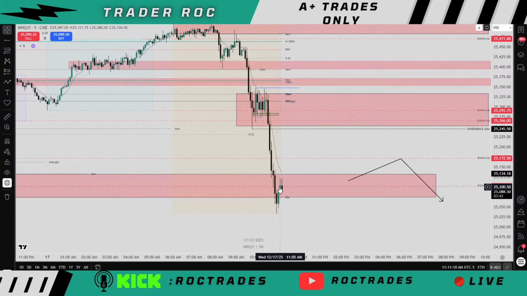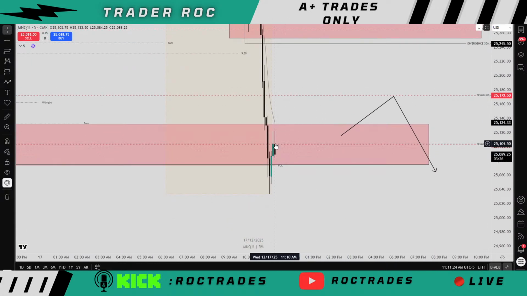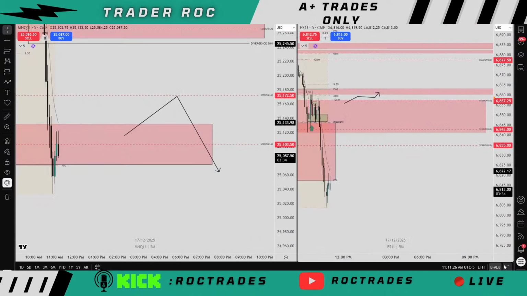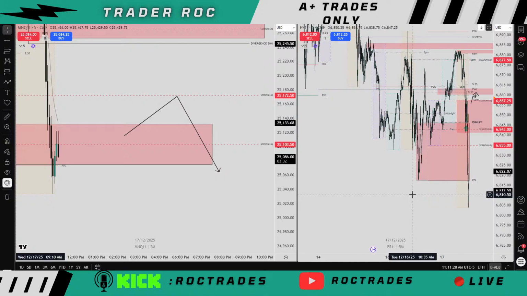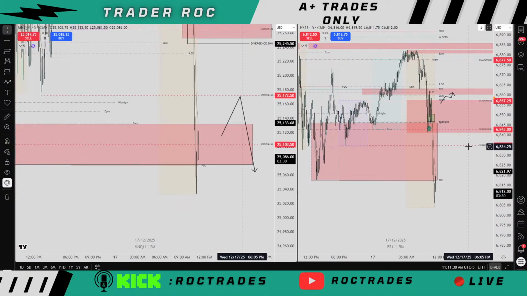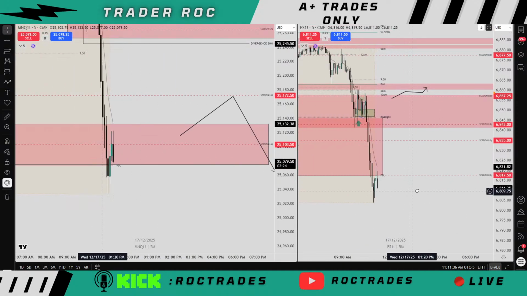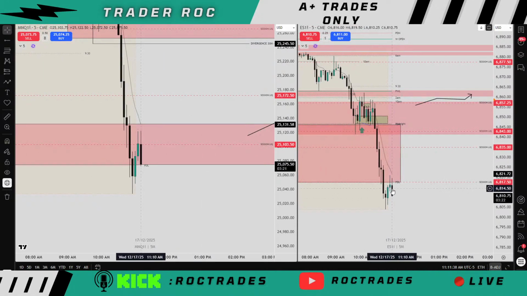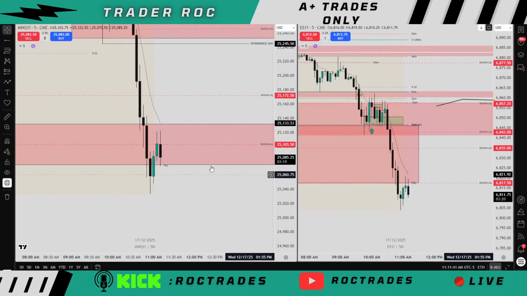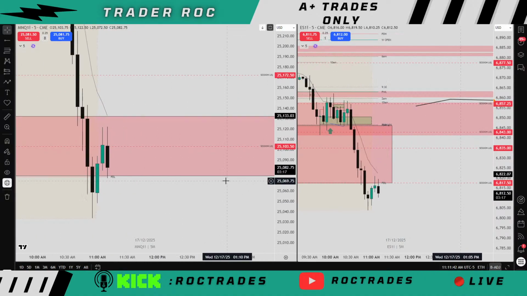Look at where you're seeing the rejection. There's a commonality here where price is failing to get above this level so far. And if we look over here, we have a similar setup where we want to see price start to regain these session levels, and you see beautiful rejection off of those levels right now, which is a good start.